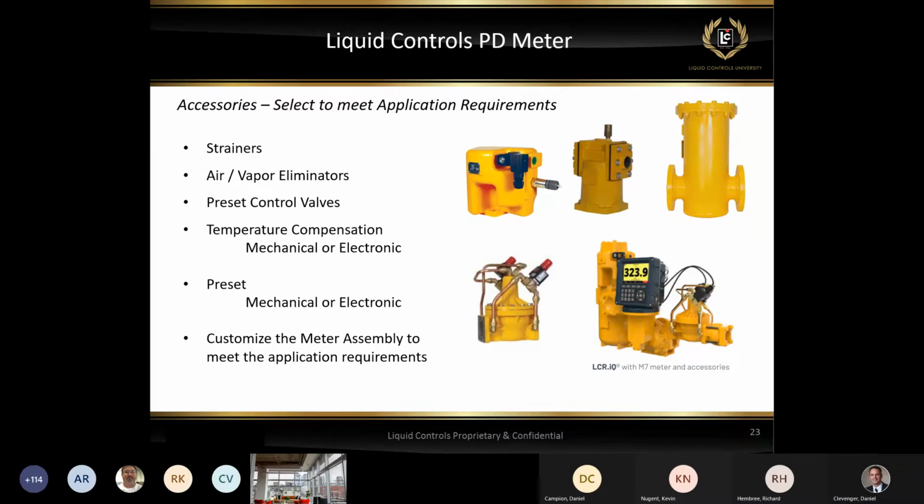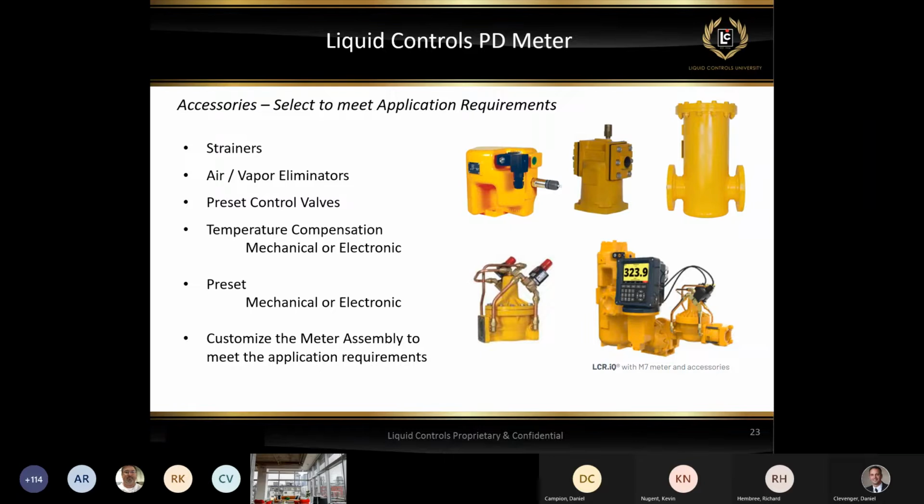But keep in mind, it doesn't have the same response time as the electronic register for temperature compensation. I mentioned earlier about preset, mechanical, and electronic. More and more is going towards the preset doing electronic registration. It is much simpler and easy to do, but you've got to be careful with the environment to make certain it meets local approvals for electrical conditions.